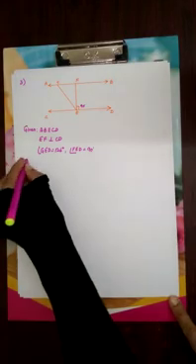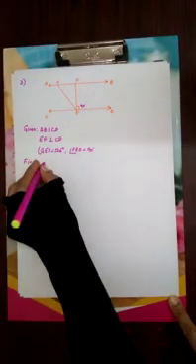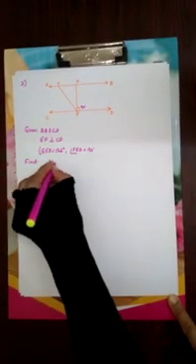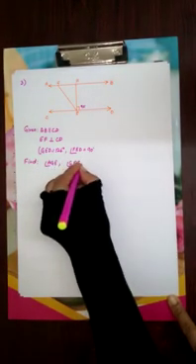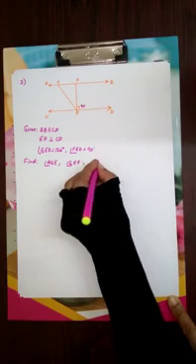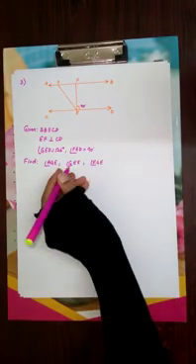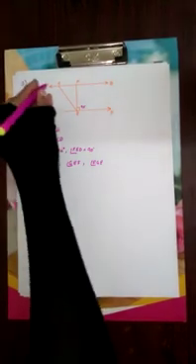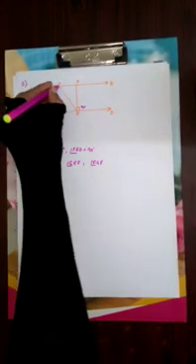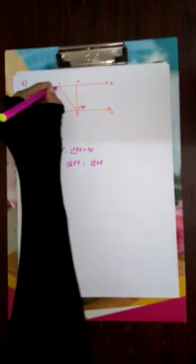Okay? Yes, children? Now, what do we have to find? We have to find angle AGE, angle GEF, and angle FGE. Okay? Now, let us see what these angles are. If you observe, angle AGE is this angle, children.